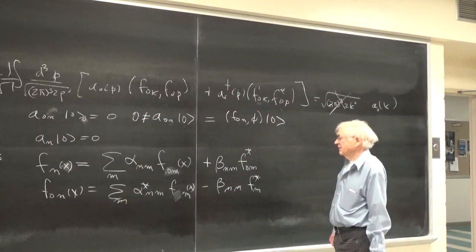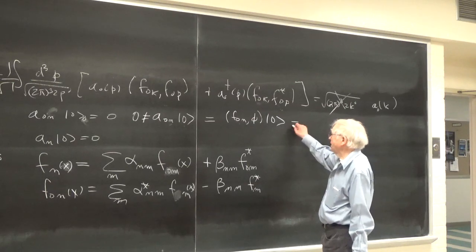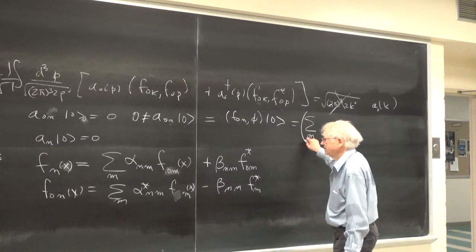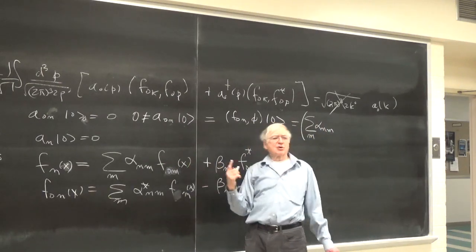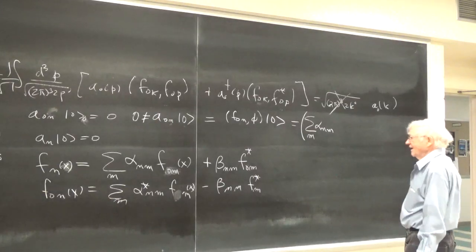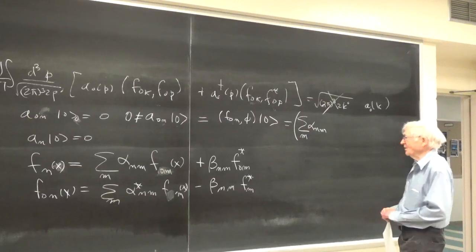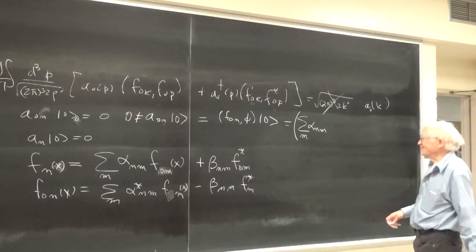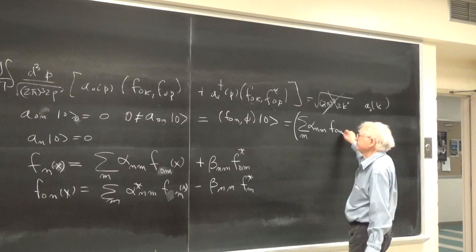And the F0n's then are a sum on m of alpha nm F0m plus beta nm F0m star, in a product with phi on the vacuum. These things, by the way, the alphas and the betas, are called Bogoliubov coefficients. And I'm going to write to one or two of my Russian friends and ask them how to pronounce and spell Bogoliubov.